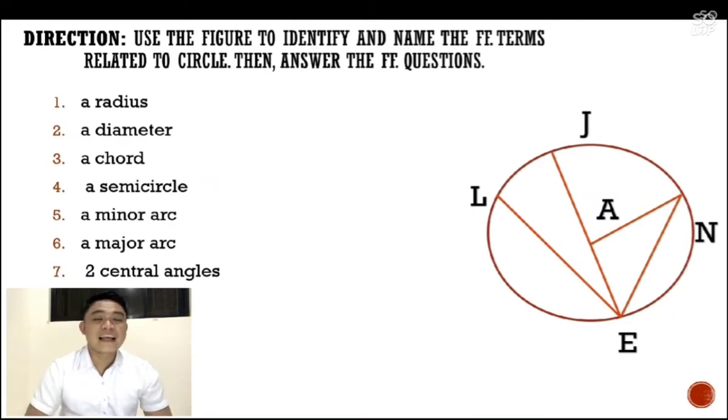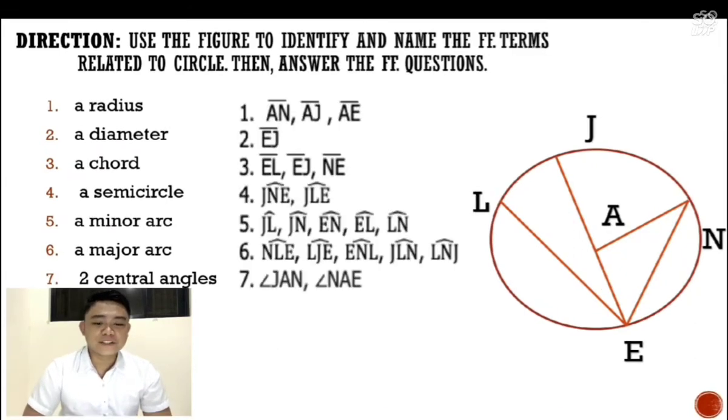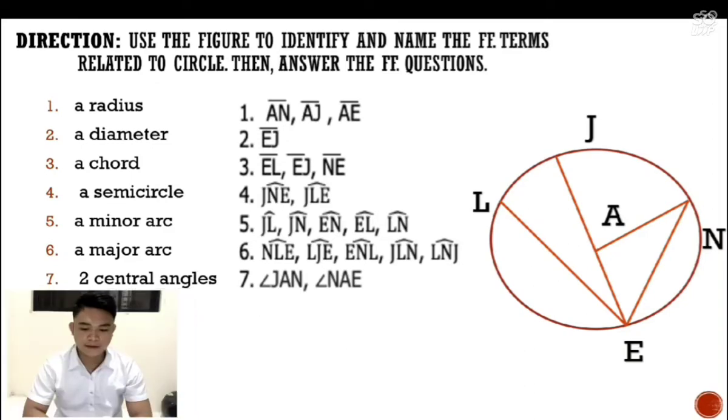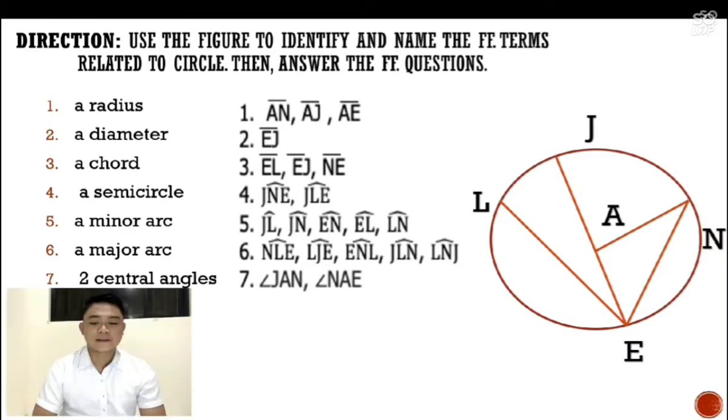Okay, time's up. Let's answer the questions. We have number 1, a radius. The answer for the radius is radius AN, AG, and AE. For number 2, diameter, we have diameter AJ. And for number 3, we have chords AL, AJ, and NE.